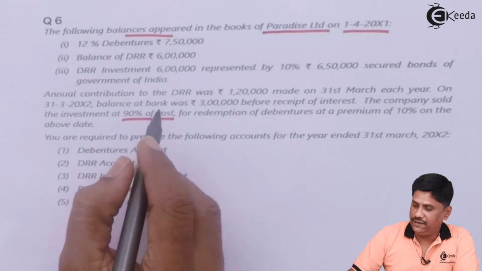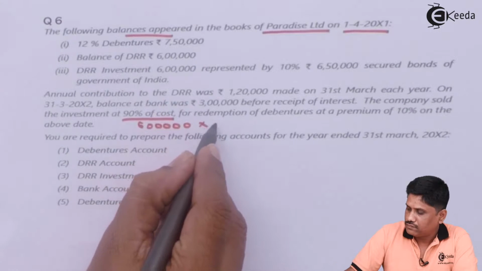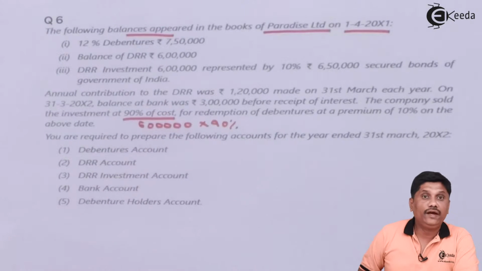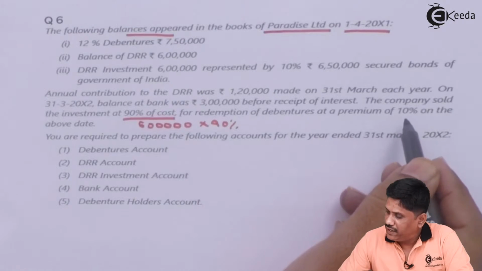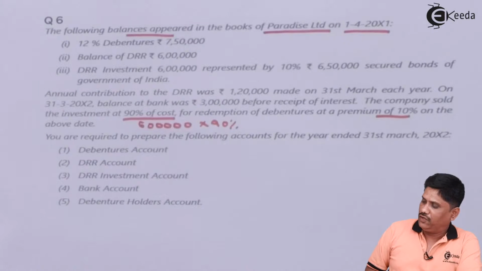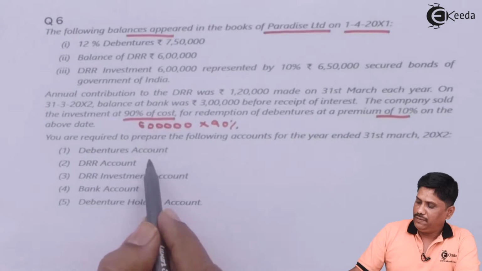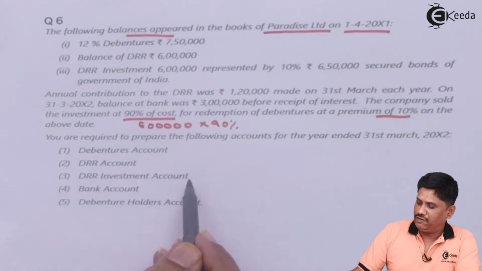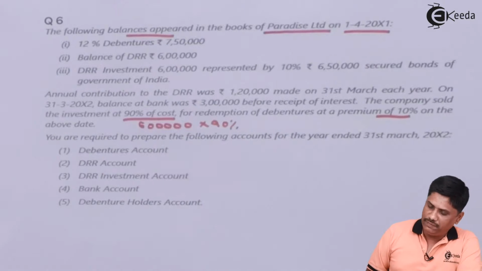So 90% of 6 lakh is 5,40,000. For redemption of debenture at a premium of 10% on the above date, you are required to prepare the following accounts for the year ended 31st of March 2000: debenture account, DRR investment account, bank account and debenture holders account. Okay, so we will prepare that.